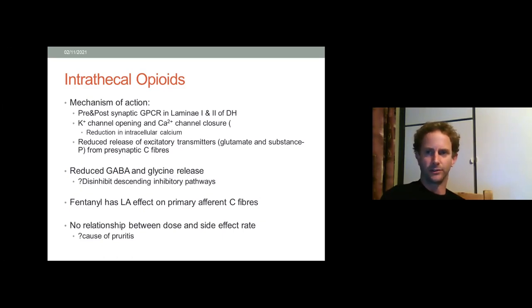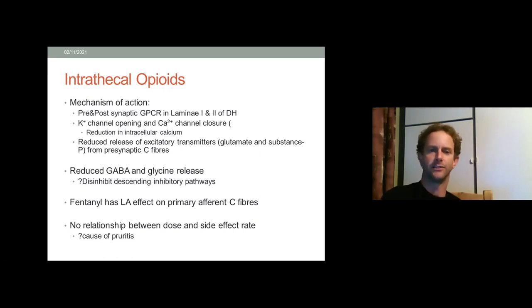So they have lots of different effects. They work on your opioid receptors in the lamina 1 and 2 of the dorsal horn. They cause potassium channel opening and calcium channel closure, which leads to a reduction in intracellular calcium, leading to a reduced release of your excitatory transmitters. It also has effect on reducing your GABA and glycine release, which is counterintuitive, but it's thought to be disinhibiting your descending inhibitory pathways.